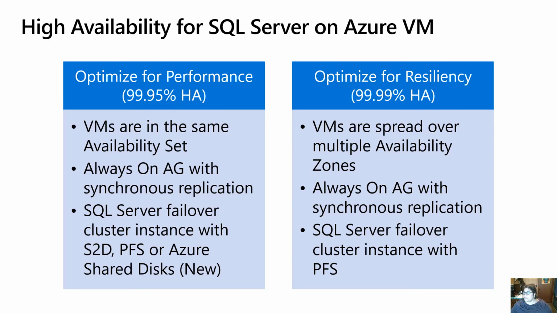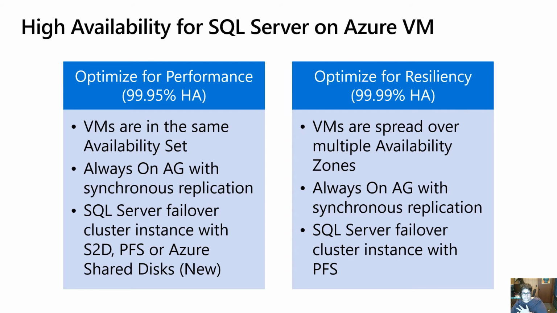So the first thing I want to talk about here is high availability in Azure when it comes to things like when your VMs are available. There are essentially two different ways that you can ensure that within a highly available SQL Server system like an availability group or a failover cluster, the various VMs are going to be available. One is an availability set and the other is availability zones.